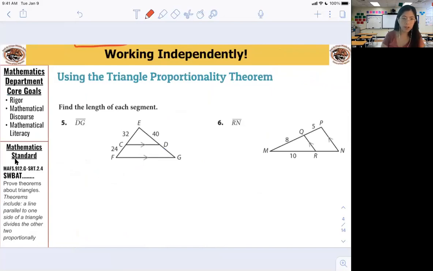So for number 5, you're finding DG. Let's just call these M, and I'll call RN also M. Just go ahead and set up your proportions using the triangle proportionality theorem and see what you get for M on both of these triangles. Take about 2 or 3 minutes. It should not be very long because these numbers are going to be a lot easier.